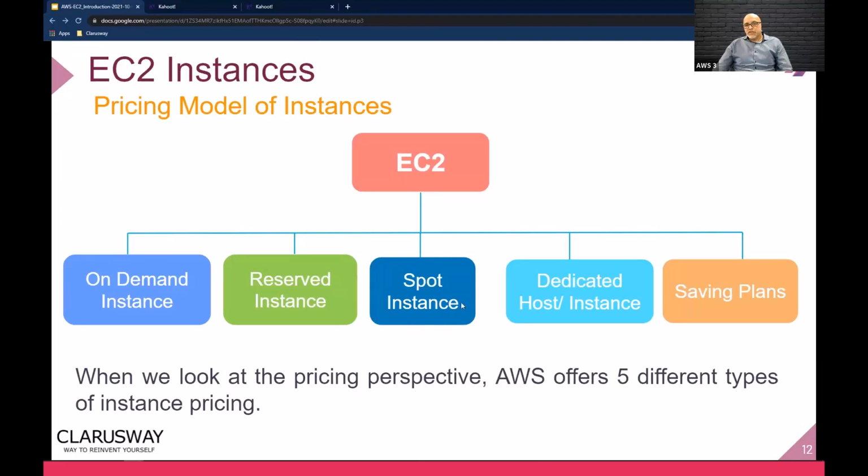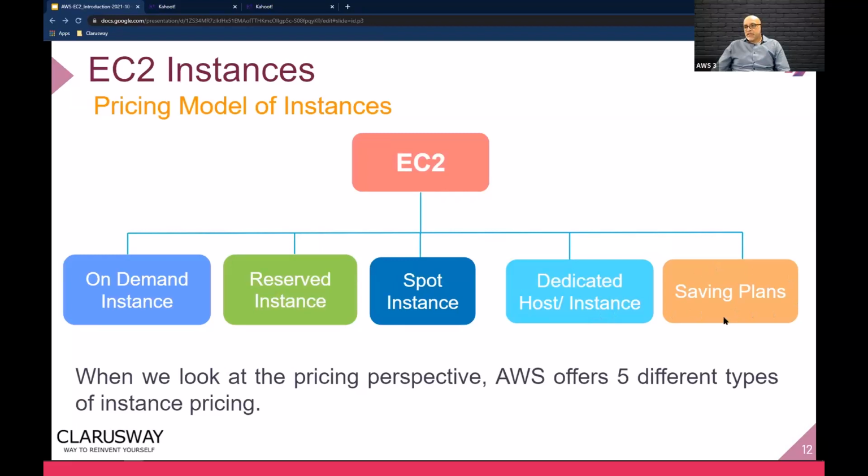Okay. Spot instances are interesting. To be quite honest, I've actually never used a spot instance in any practical scenario. There are very specific use cases, but a spot instance is based on you trying to negotiate a price down, get a low price, and use instances only when that instance is available at that price. Then you've got dedicated hosts and instances, and there's a difference between a dedicated host and a dedicated instance, and we'll talk about that.